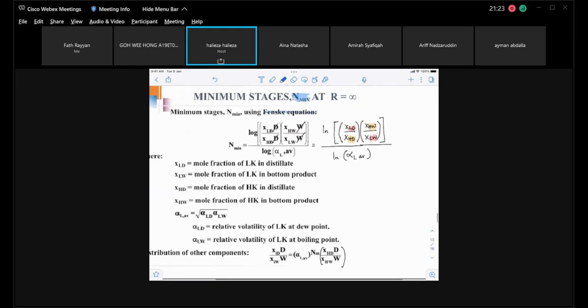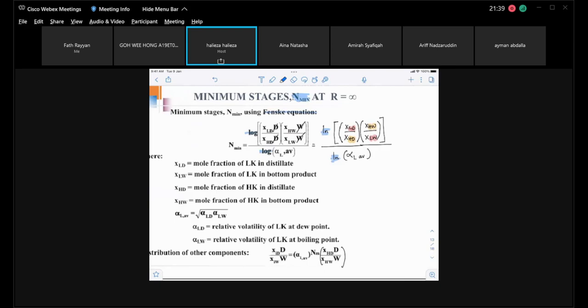You can use either one of these equations, it is still the same thing. You can use the log or natural log. As long as the denominator and the numerator use the same, the equation will give you the correct answer.